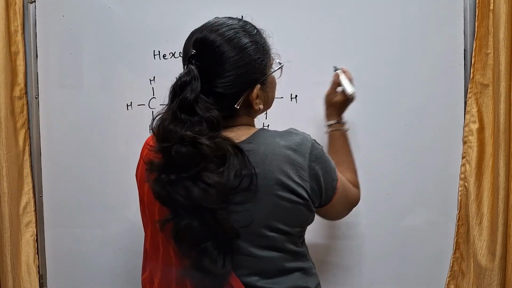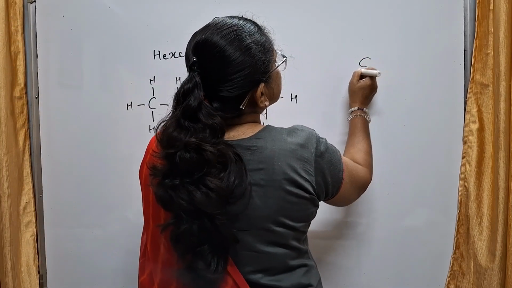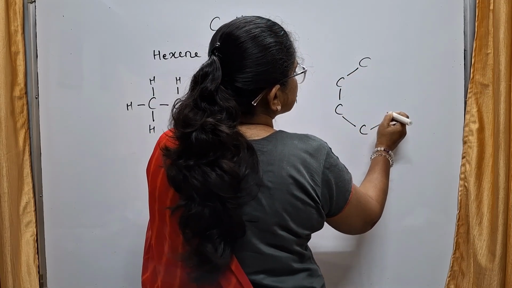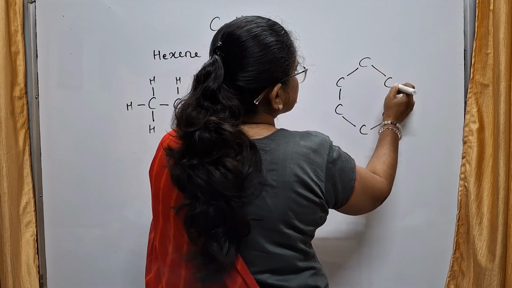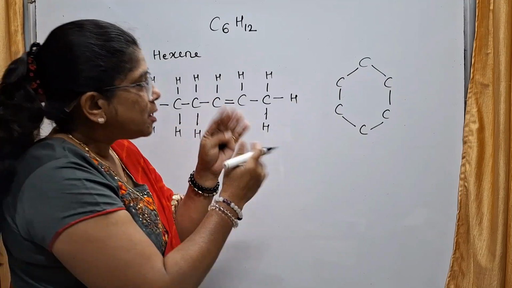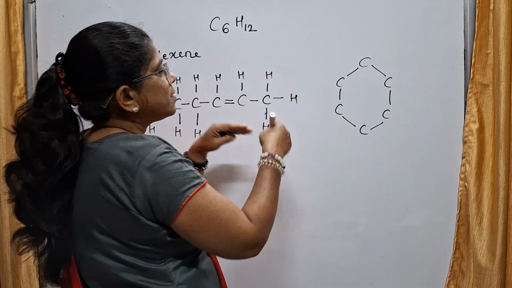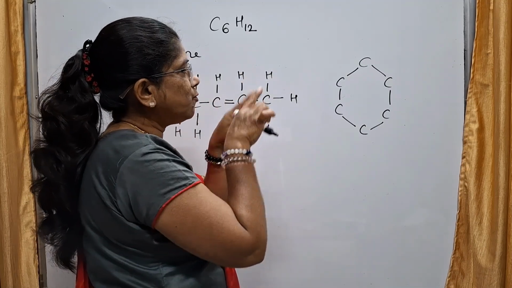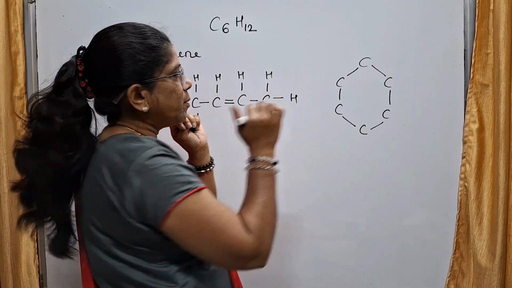It forms a ring structure. Carbon atoms with single bonds are forming a ring. And here if we observe, each carbon atom already forms 2 bonds, so 2 bonds are still remaining.